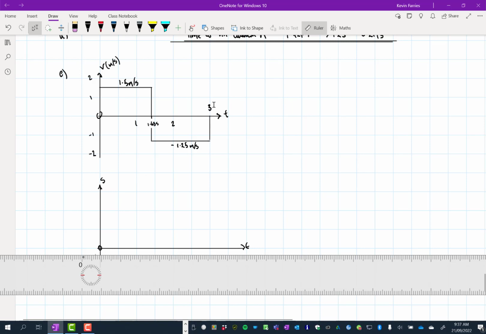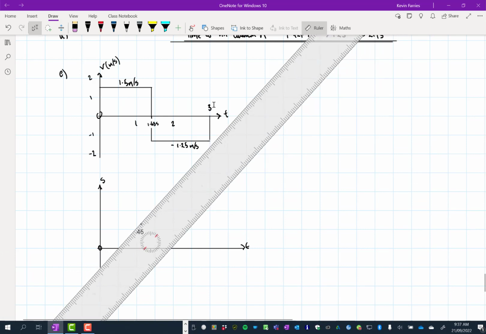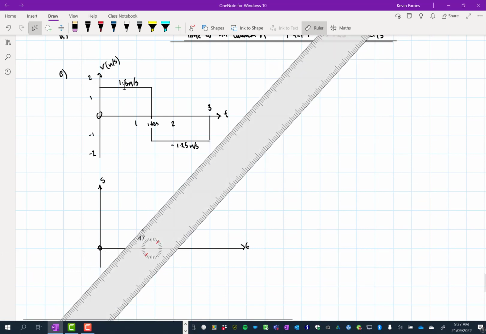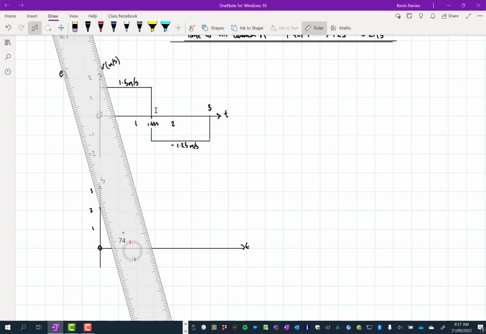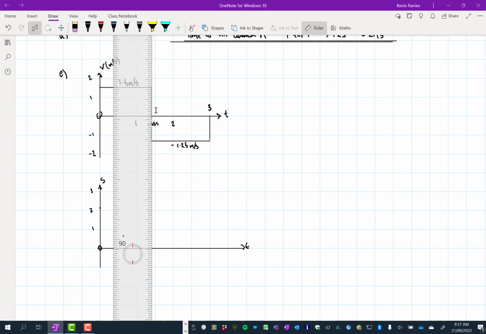So we're starting from displacement 0, and then it's going to go at 1.5 meters per second until it hits B. Now we already know what that is. It's going to be a displacement of 2.14. So let's put this 1, 2, 3. And so it's going to be about 2.14, which will be here somewhere. And so that's where it's going to get to at 1.43 seconds. And so it's going to be here.